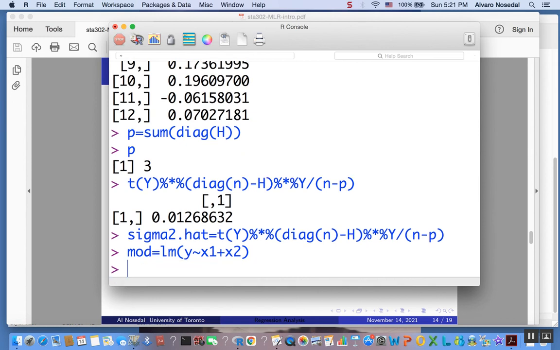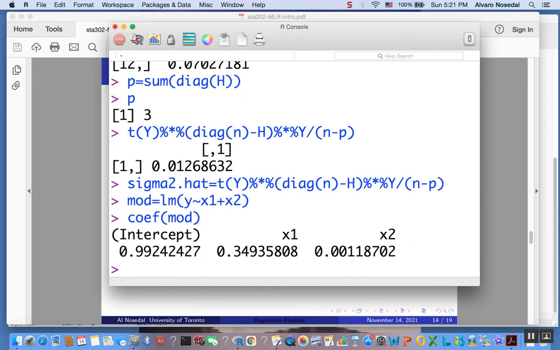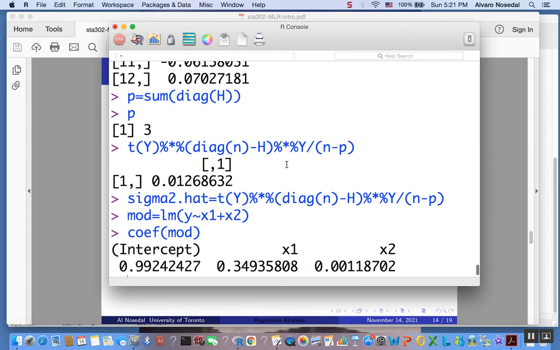Now, first comparison. We know that if we want the coefficients of a linear model that was created using lm, you have that built-in function coef, and there you go. Now ours was called beta hat, right?